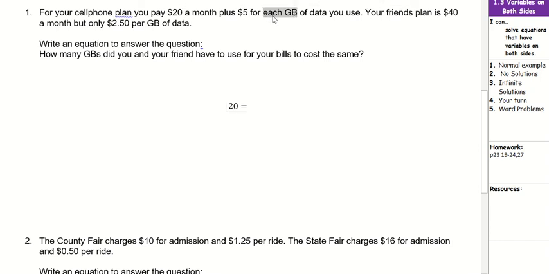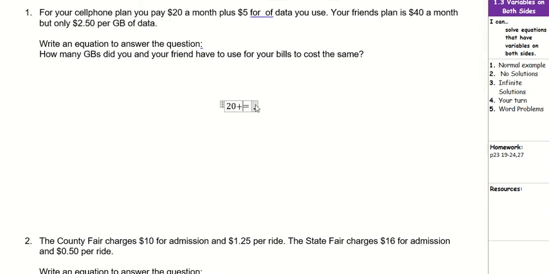So this is actually going to get my variable on it. Sorry, that one even tripped me up. So plus 5x. Because that's each gigabyte. Then on the other one, we have $40 a month plus 2.5x.